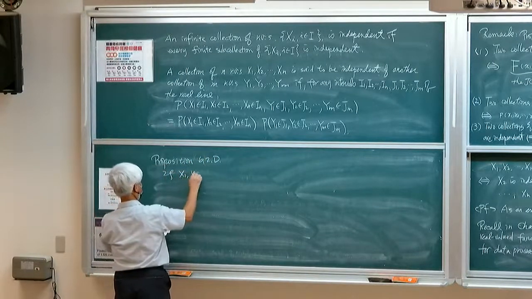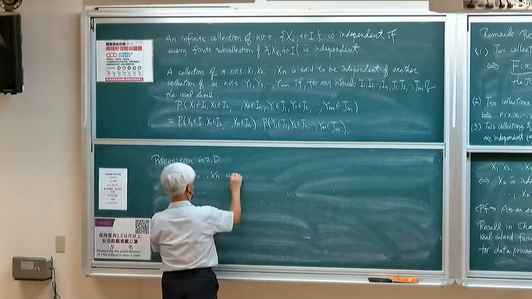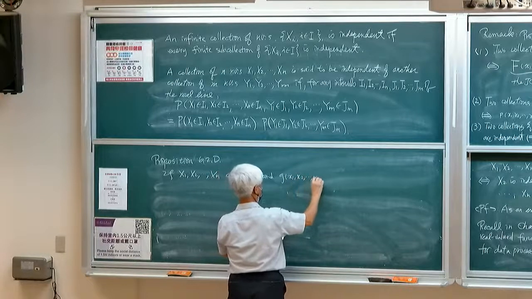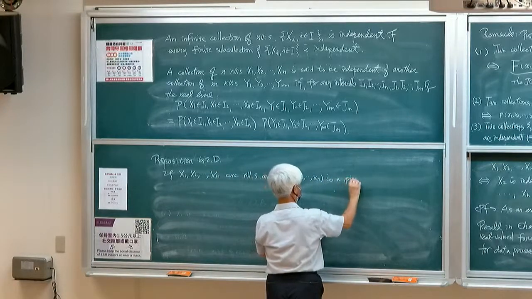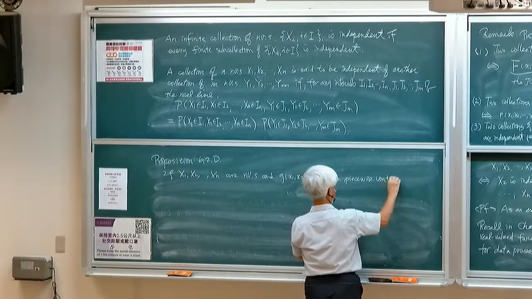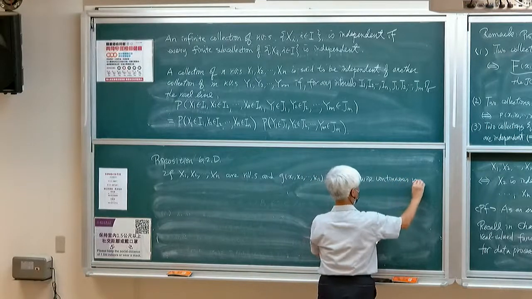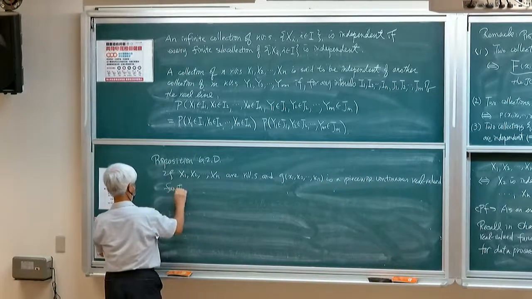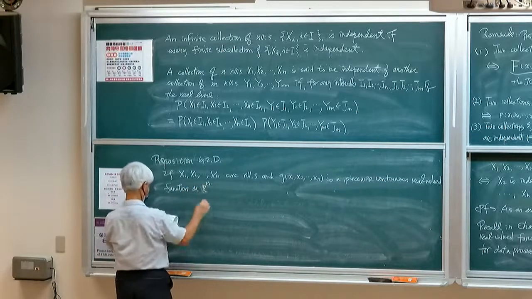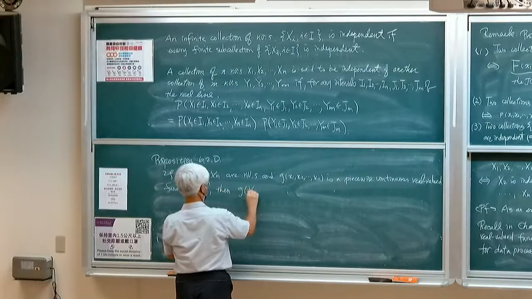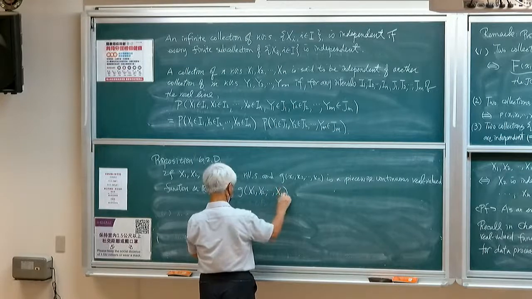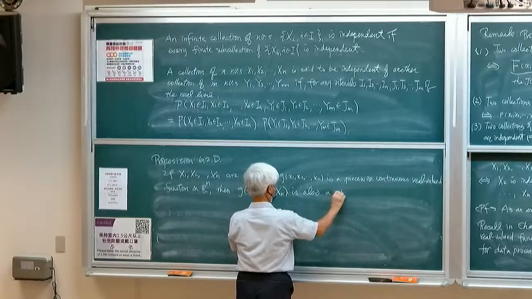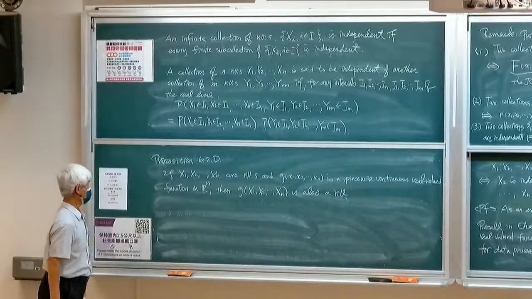If X1, X2, up to Xn are random variables, and g of X1, X2, up to Xn is a piecewise continuous real valued function on Rn, then g of X1, X2, up to Xn, this composition, is also a random variable. So it's a general proposition.